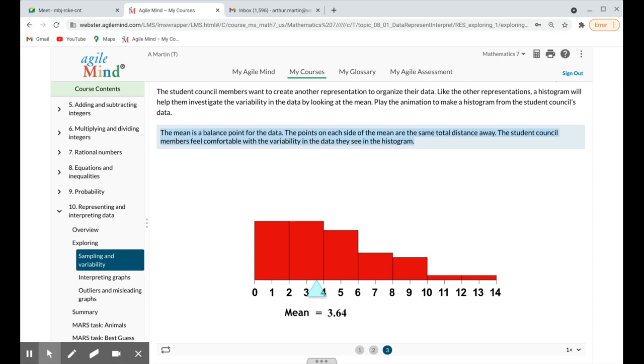Is there an advantage of box plots over histograms, or histograms over box plots? No, they sort of give the same information. I think a box plot, when you know how to read them, you can get your information real quick, like your minimum, maximum, median, lower quartile, and upper quartile.